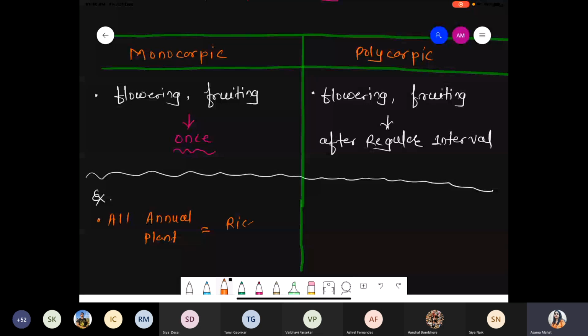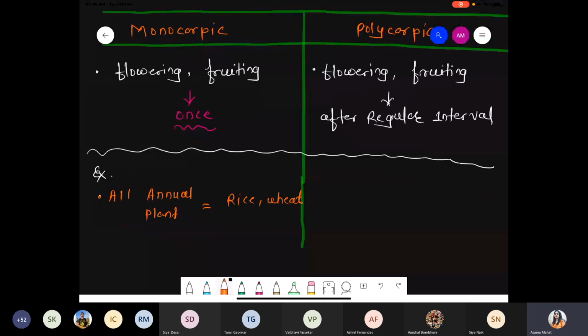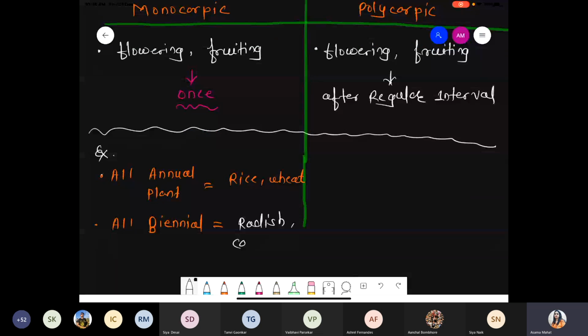Rice as well as wheat come under the annual plant category, as well as all biennial plants. In case of the biennial plants, again you can remember the examples, that is radish, then carrot and henbane.